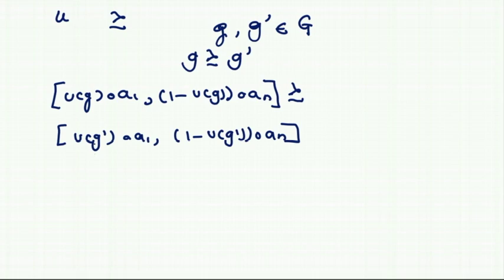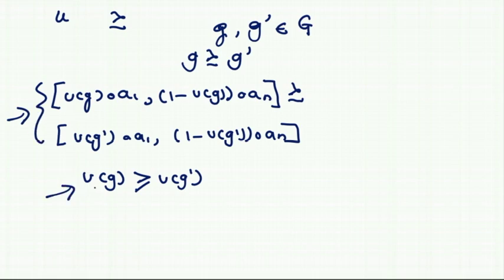So from here, by monotonicity, this is equivalent to U(G) being better than or equal to U(G prime). This shows transitivity by the definition of U, we get this one. And then by monotonicity, this is equivalent to this, right?